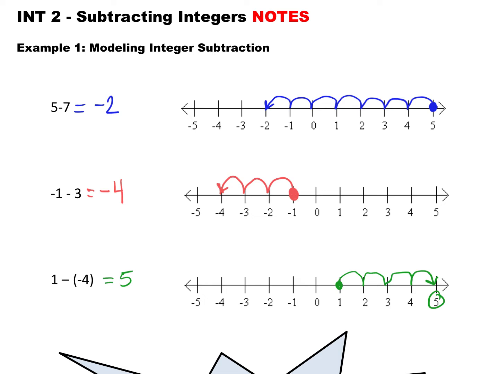So this equation, the 1 minus negative 4, I could have rewritten it as 1 plus 4. The minus, a minus, becomes a plus. In fact, the one before it, negative 1 minus 3, I could have rewritten that one as negative 1 plus negative 3 equals negative 4.